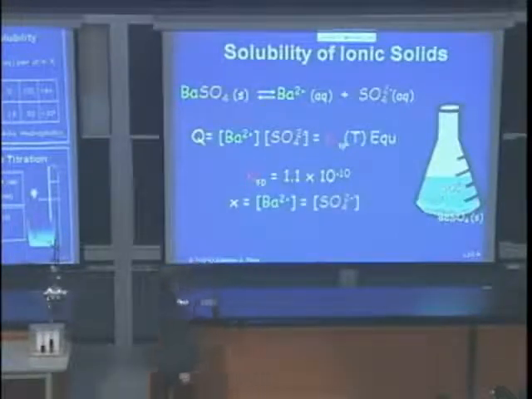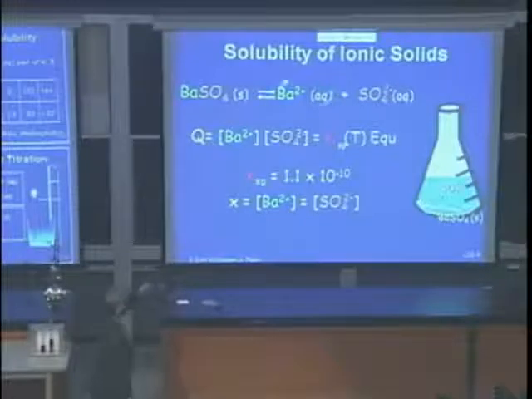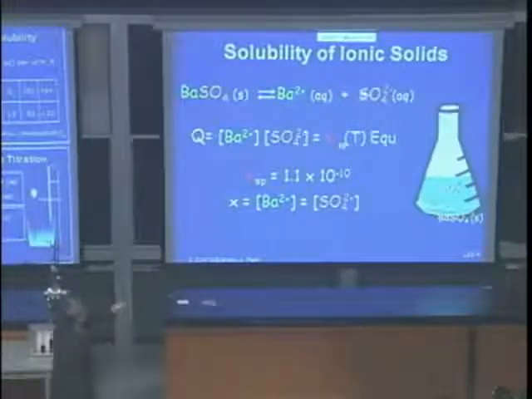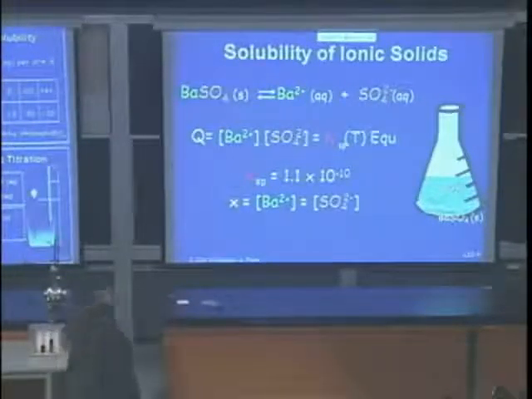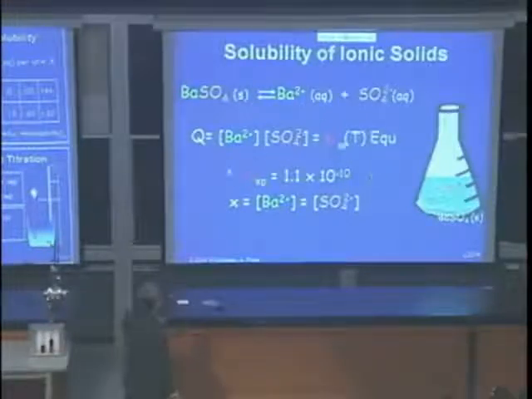So how do we know what the concentration in equilibrium of this here and that here is? Since there is 1 mole here and 1 mole here, it has to be the same. So we call this X here. There's X here and X here. So that means this number is X squared. Yeah?